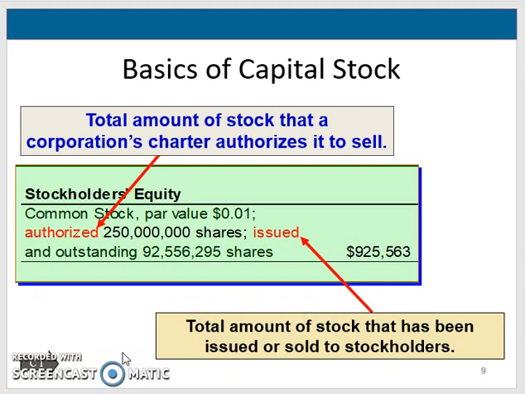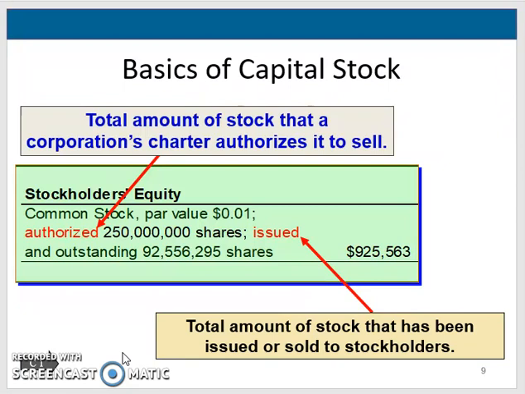All right, so let's look at the basics of capital stock. When we're thinking about stock, the companies decide when they issue their charter how many shares they would like to be able to issue over the life of the company.